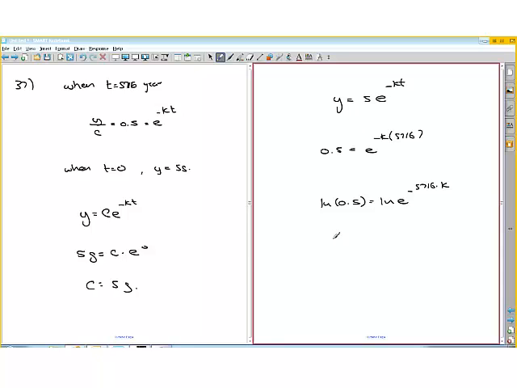Well, the natural log of 0.5, you think I remember it, is negative 0.693. Okay, so this is negative 0.693 is equal to negative 5716 times k. The natural log of e to some power is just the power. So solving for k, you just take the left-hand side divided by the right-hand side.